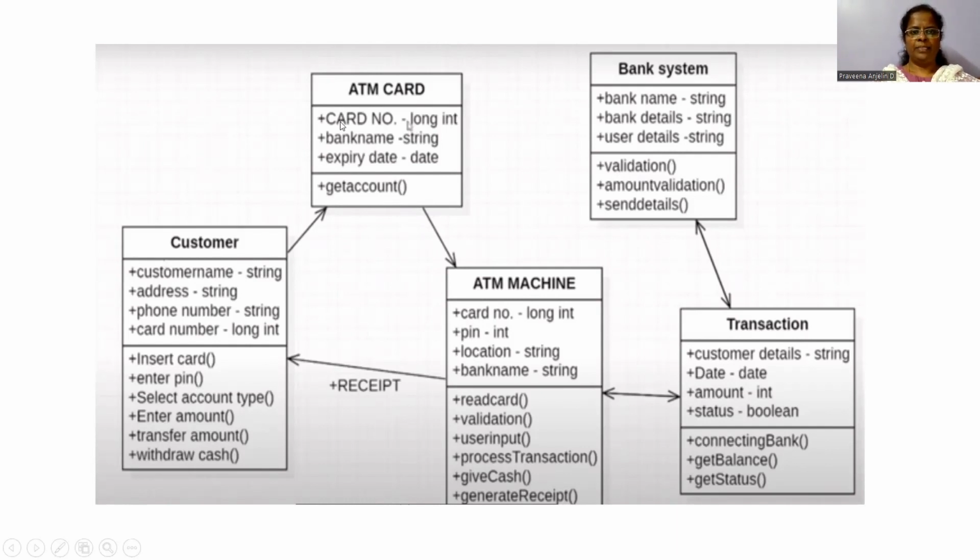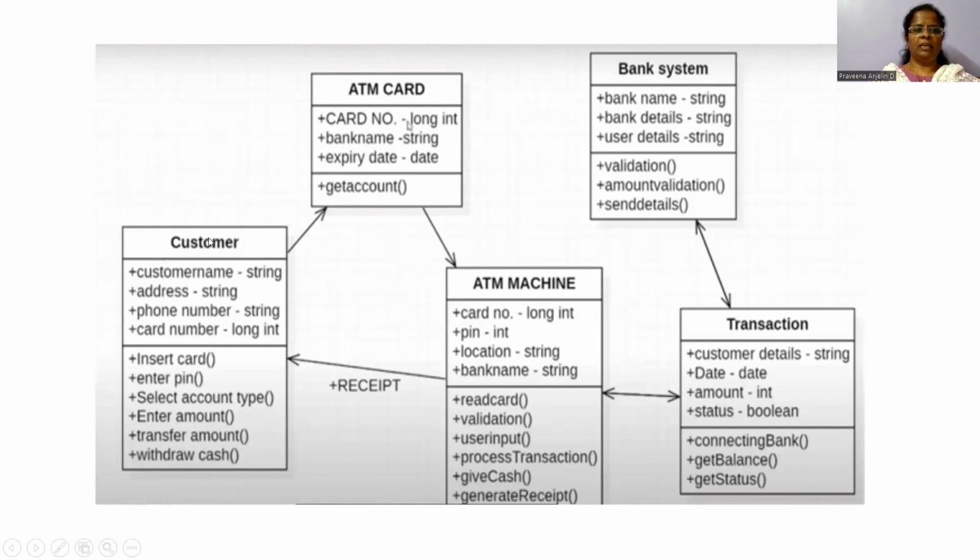First, we'll see what the ATM card is. We know what is there in it: card number, bank name, expiry date, our name, and other details will be present in the ATM card, and those are considered objects. Here I have only one function, known as get account.